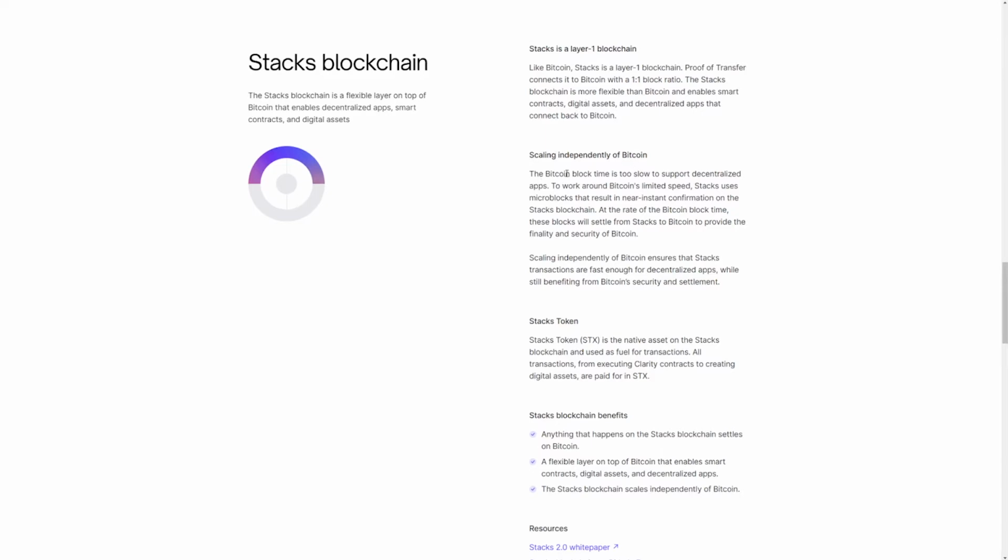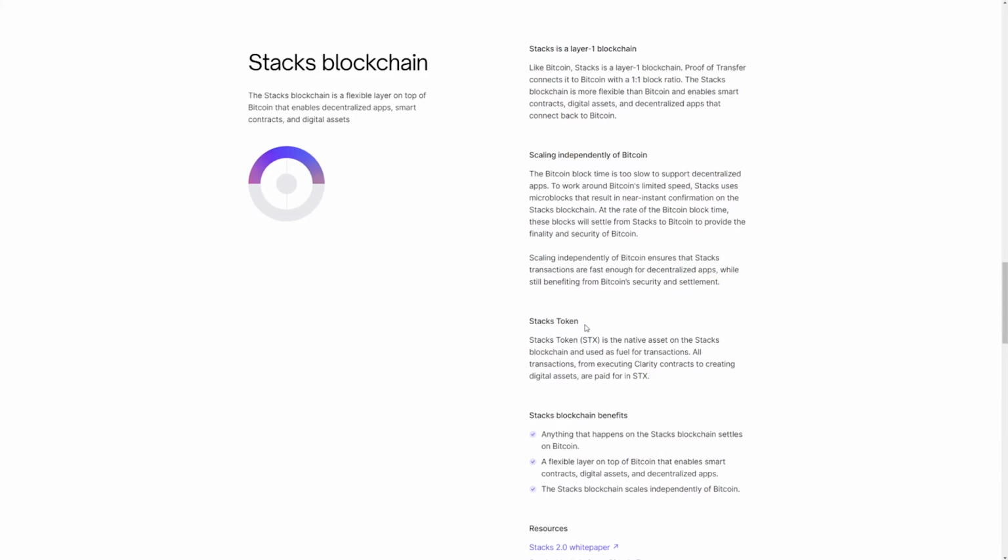The Bitcoin blockchain itself cannot really benefit from those things because the block time is too slow to support decentralized apps, so they use those microblocks to work around this limitation, which results, as they claim, in near instant confirmation, which ensures that the STX transactions are fast enough for decentralized apps while still benefiting from Bitcoin security and settlement.